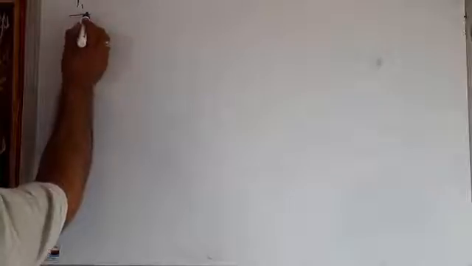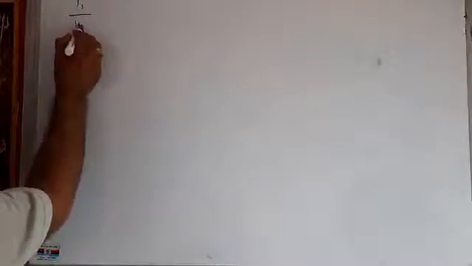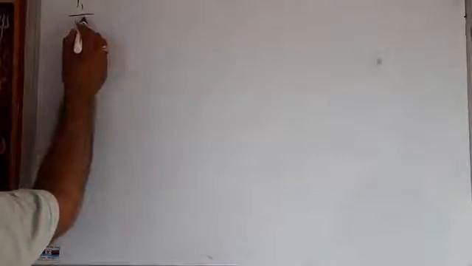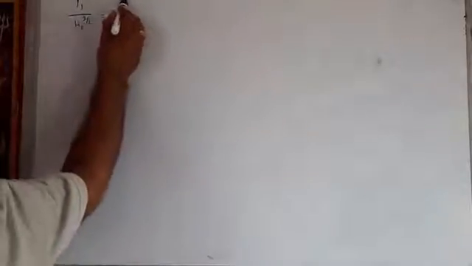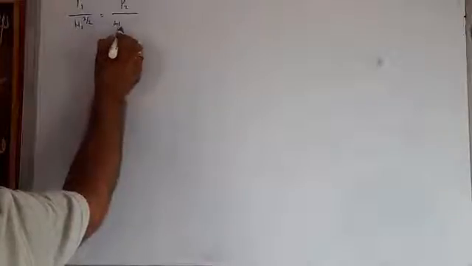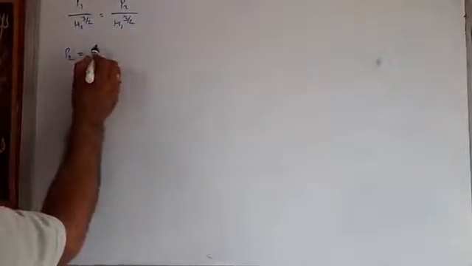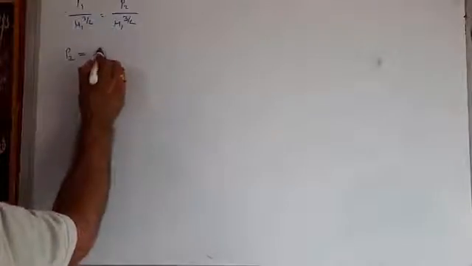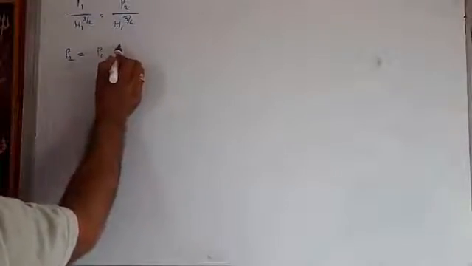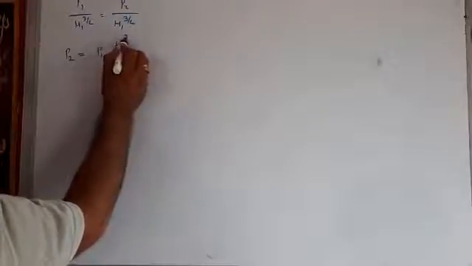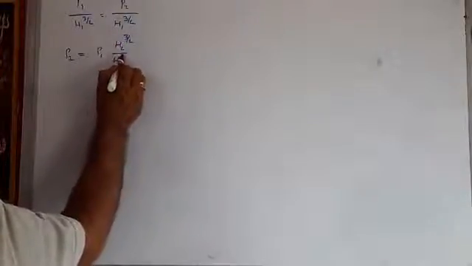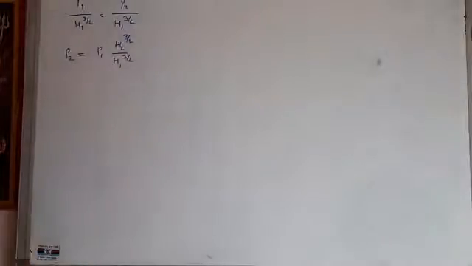Here for power, P1 by H1 to the power 3 by 2 equals P2 by H2 to the power 3 by 2. So P2 equals P1 times H2 to the power 3 by 2 by H1 to the power 3 by 2.